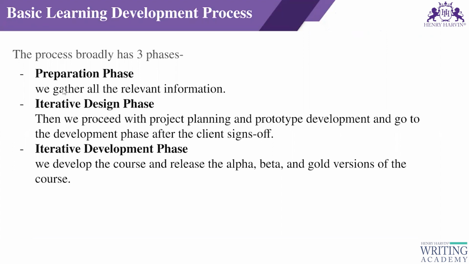The entire process from beginning to end, which includes my materials to how the learner learns, like how we are learning right now. That entire process is the basic learning development process, which includes three things: the pre-preparation phase, the iterative design phase, and the iterative development phase. These are the three important phases.